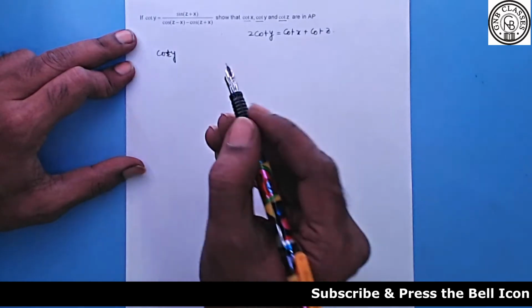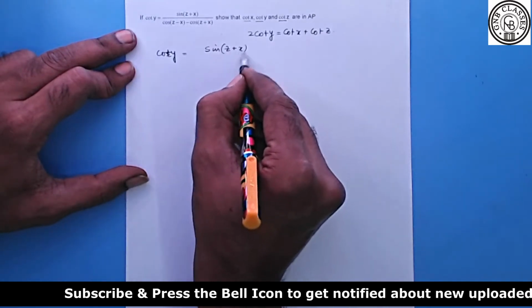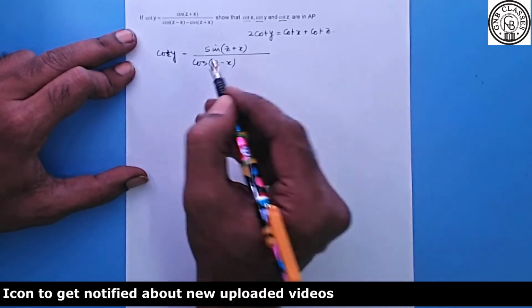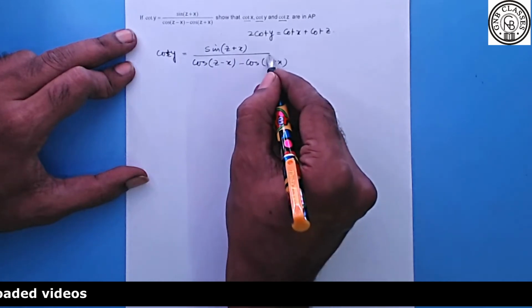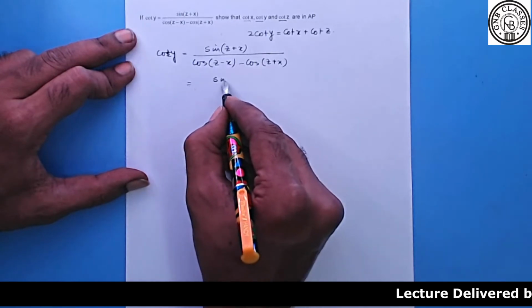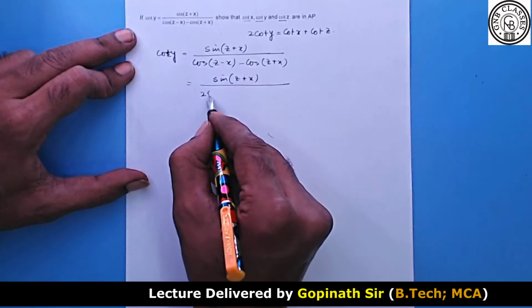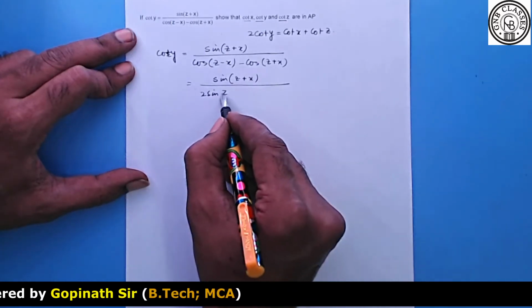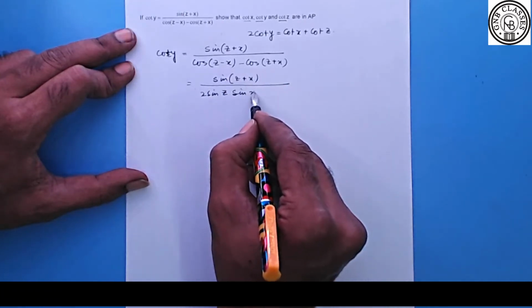That is, cot y is equal to sin(z plus x) by cos(z minus x) minus cos(z plus x). Now, in the denominator, apply the cos c minus cos d formula. So we are having cos c minus cos d is 2 sin((c plus d) by 2) sin((d minus c) by 2). So that will give you only x.